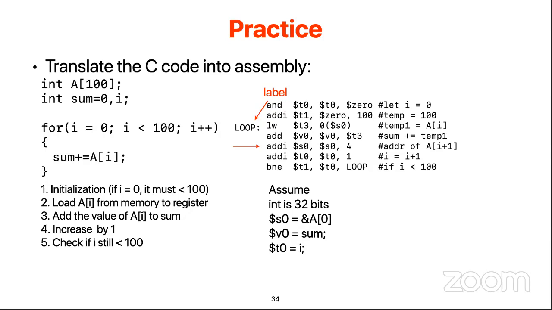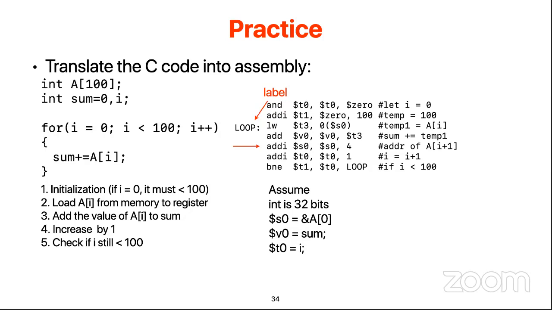It depends on your optimization level. If you turn it on, it will optimize. If you don't turn it on, it will just do the very basic, regular translation of the code. I see. Thank you.